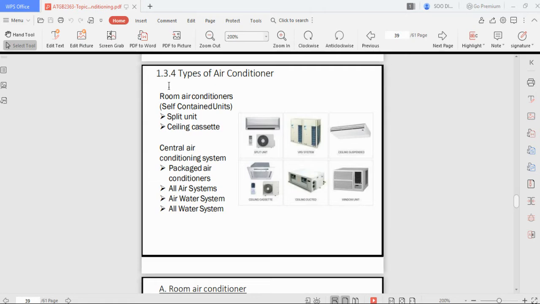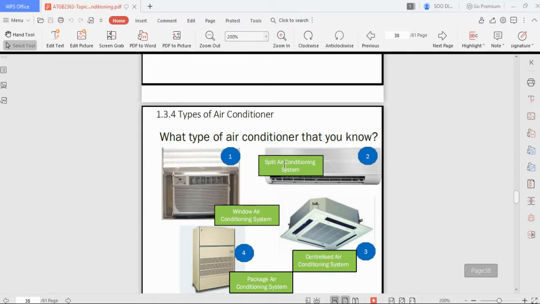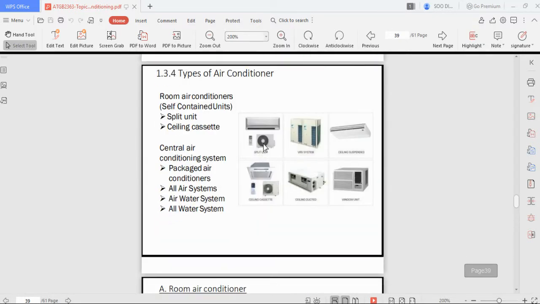Okay, so the different types of air conditioning. For a room, you have the split unit, which is the second one, the split air conditioning system, and then the ceiling cascade. The second part is the central air conditioning system. This is more towards commercialization of air conditioning.